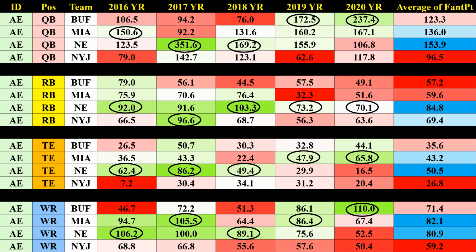The tight end, it was New England with Gronk, and then he left, and then Miami has taken over, and Buffalo has been second. Again, no reason to think Gesicki at Miami won't continue to be the dominant tight end of this conference.